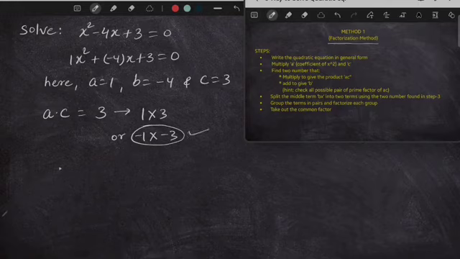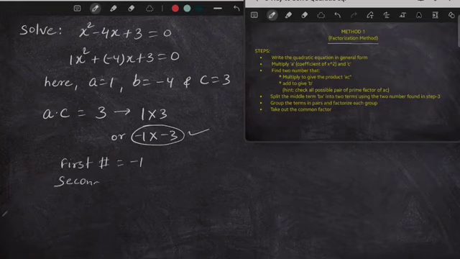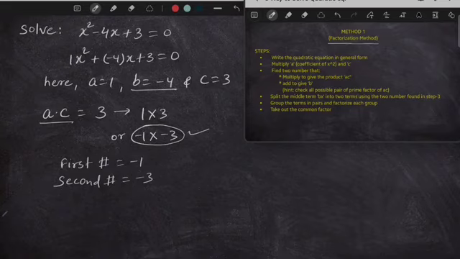So my first number is negative 1 and the second number is negative 3. If we multiply, we get AC, and if we add, we get B. Now the next step is to split the middle term Bx into two terms using the two numbers found in step 3.